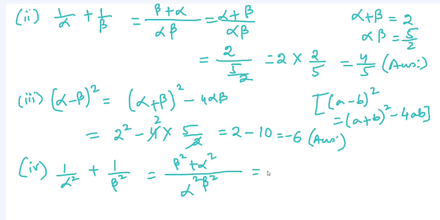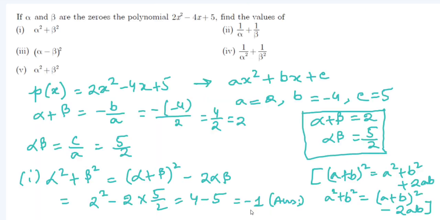Now, here we already got the value of alpha square plus beta square in part 1. Now, this is alpha beta whole square. So, alpha square plus beta square we got as minus 1. So, we are going to apply that value.